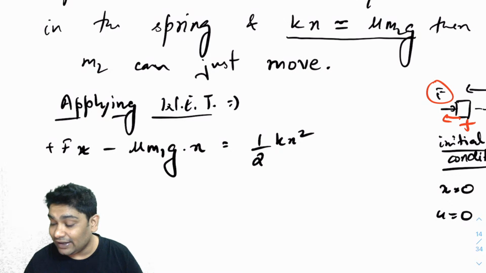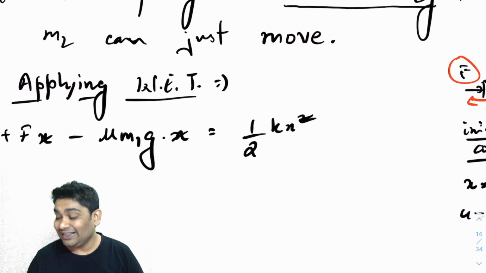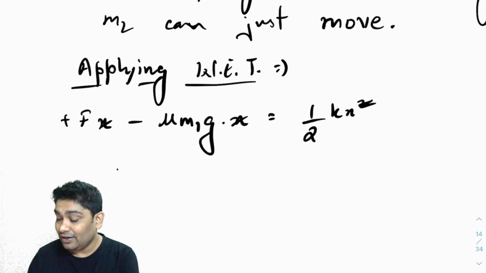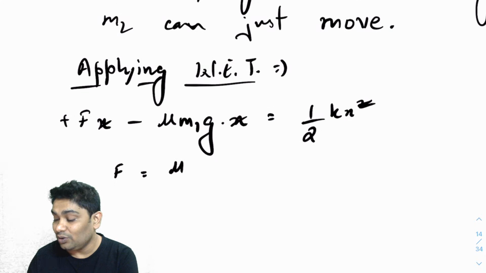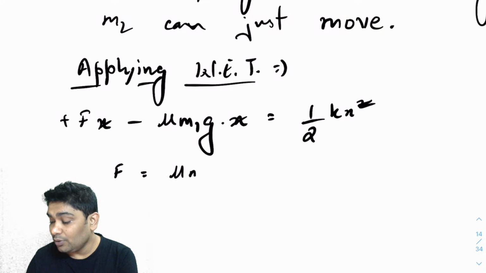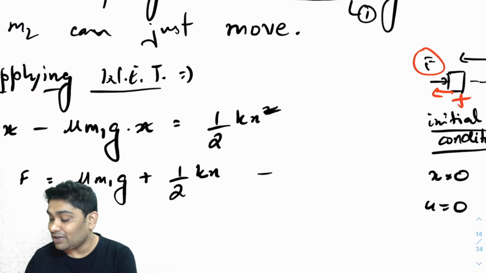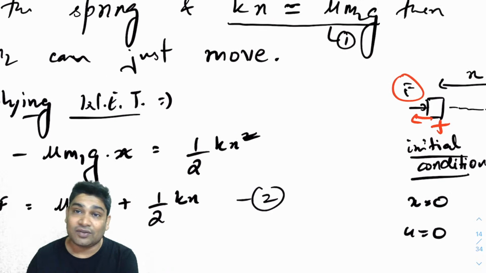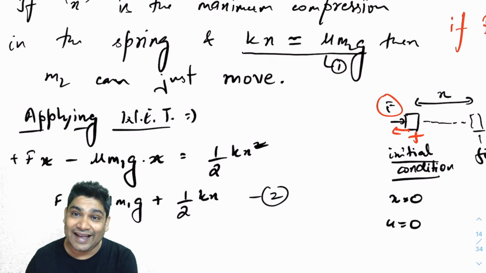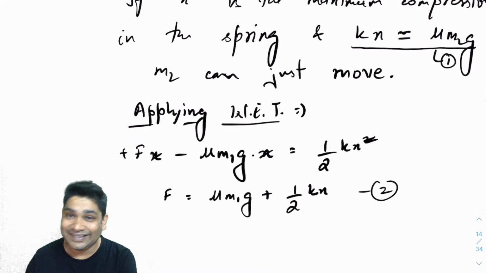From here I will get that F equals mu m1g plus 1 by 2 kx. So this was my first equation. This is my second equation. Now you realize from the first equation I can substitute the value of kx as mu m2g.